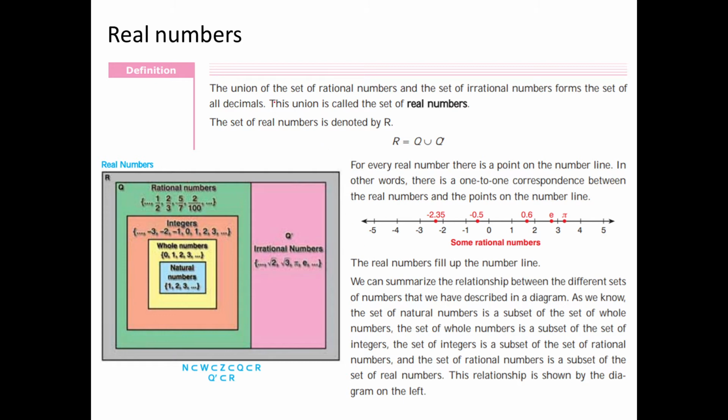From here we can see that all natural numbers are whole numbers, are integers, are rational numbers, and the rational numbers and the irrational numbers together make the real numbers.